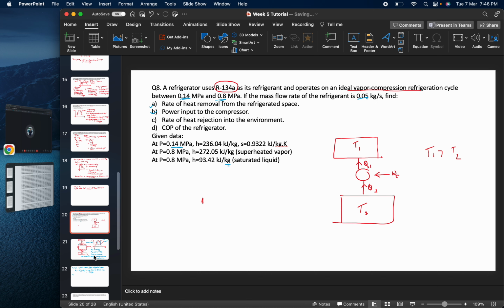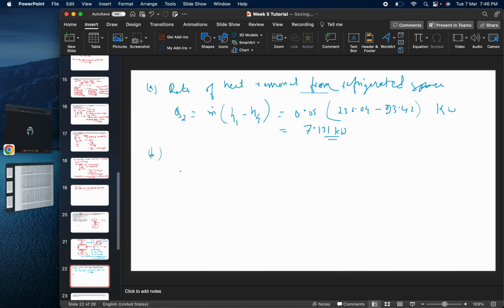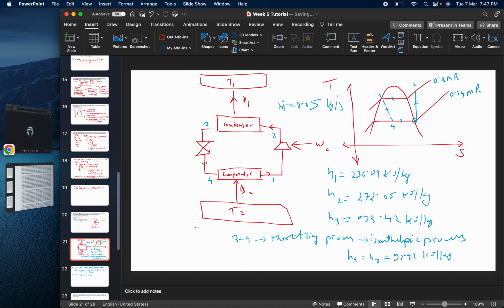Next, you need to calculate the power input to the compressor. What is the enthalpy difference between 2 and 1? WC is basically m dot into H2 minus H1. Again m dot is 0.05, and H2 is 272.05.